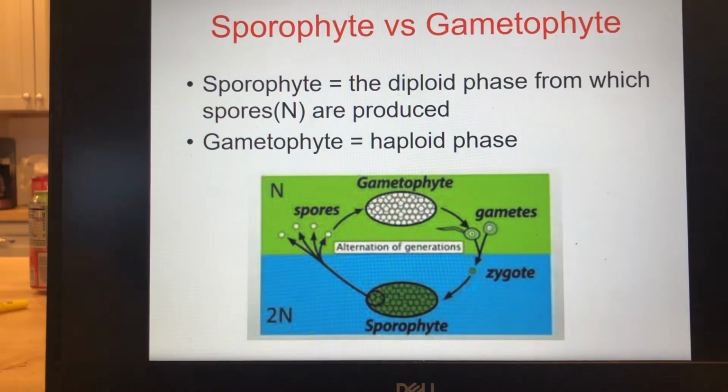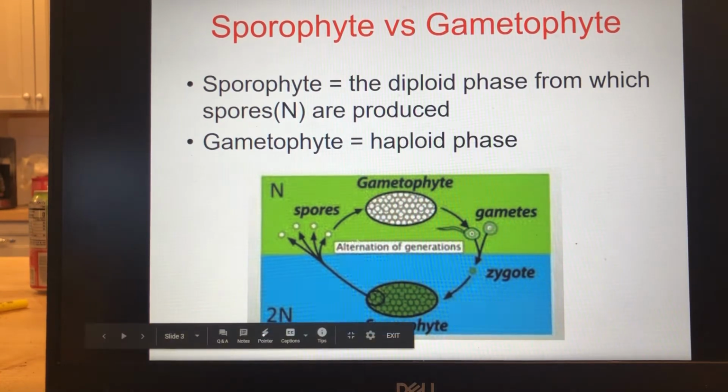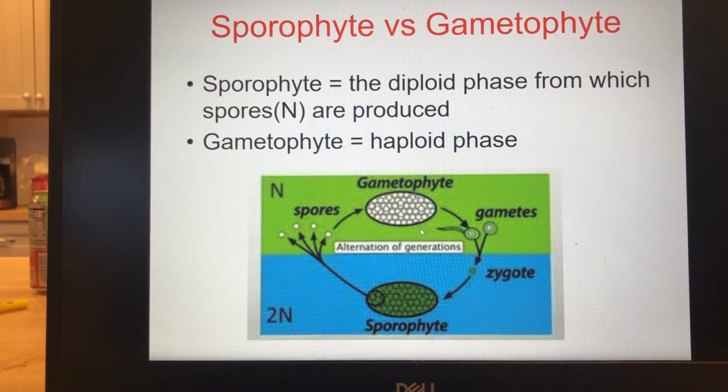Okay, so sporophyte versus gametophyte. Again, this is the idea. Most humans, we live primarily in the sporophyte stage, and that's the 2N. The sporophyte is the diploid stage where the spores are produced.